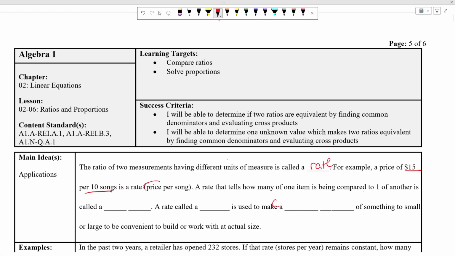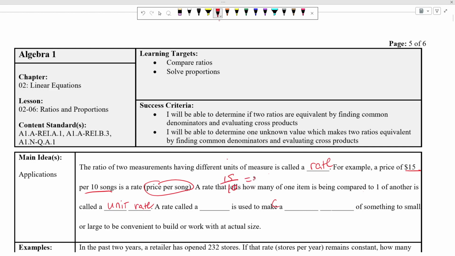So that would be the rate. You have $15 for 10 songs, right? Dollars per song, that's how it would work there. A rate tells us how many of one item is being compared to one of another, and that is called a unit rate.